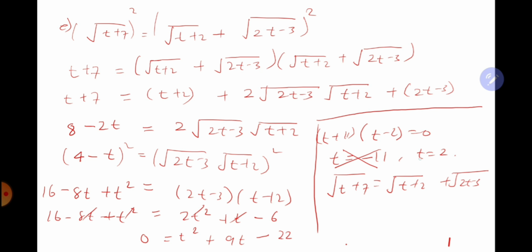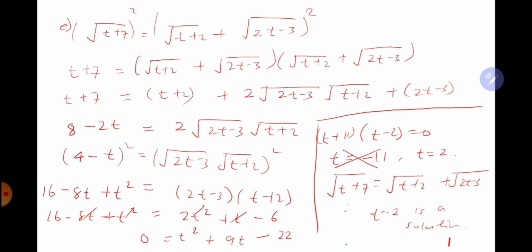The only solution will be t equals 2, because here you will get square root of 9, and this will be square root of 4 which is 2, plus square root of 4 minus 3. So therefore t equals 2 is a solution.